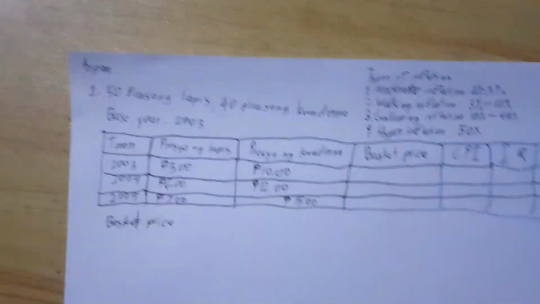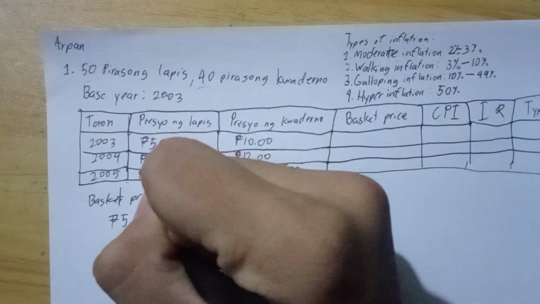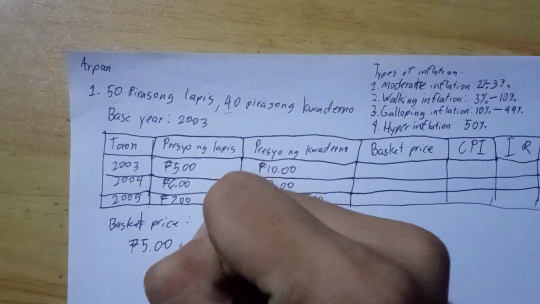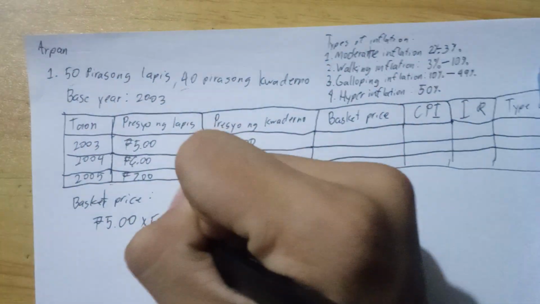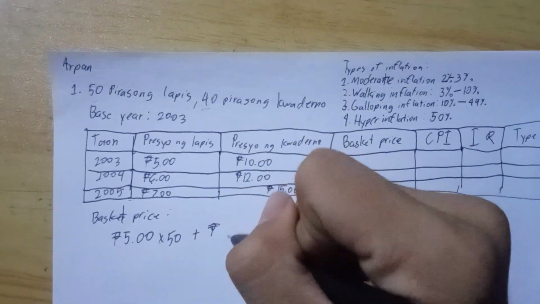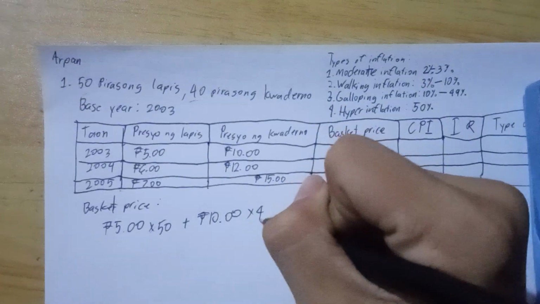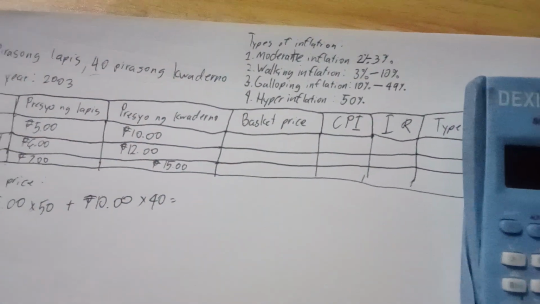We can use a calculator. So we have 5 pesos times 50 plus 10 times 40 equals, so we have to multiply them first.